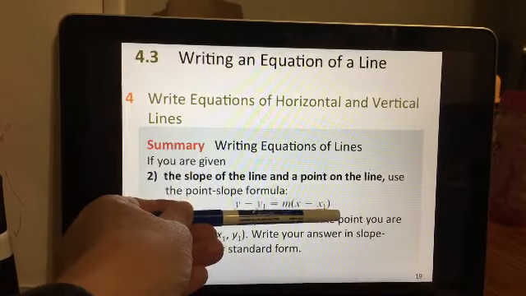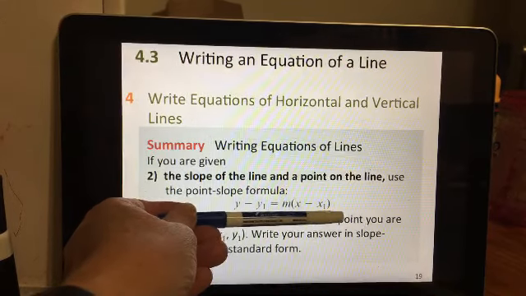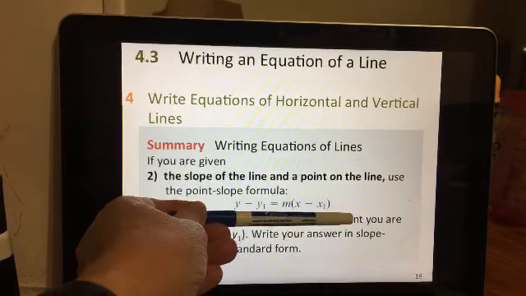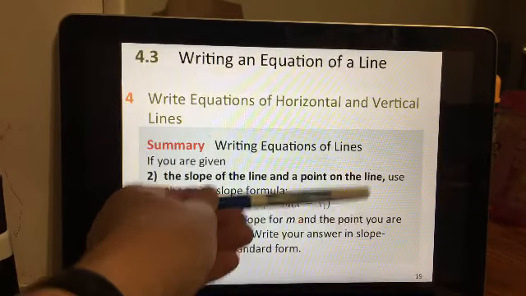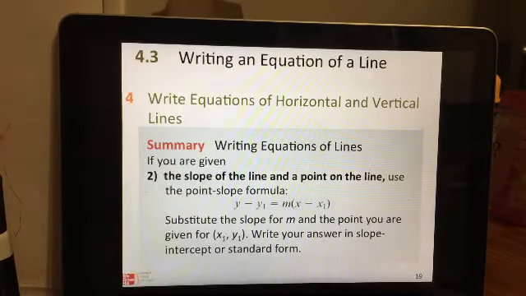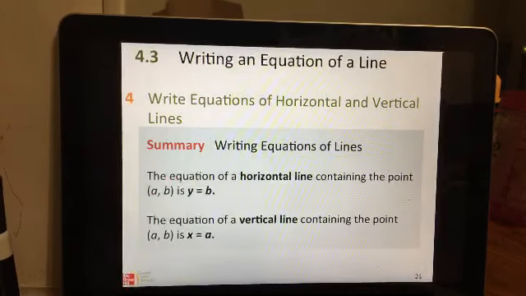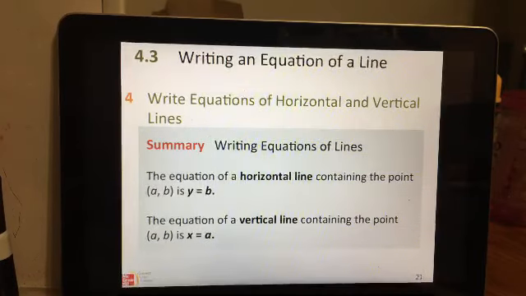This is the scenario that I showed you. You could also use the slope-intercept form if you wanted to. It's just a little shortcut. With 2 points, you're always going to have to find the slope first and then use either point. And then your horizontal and your vertical.